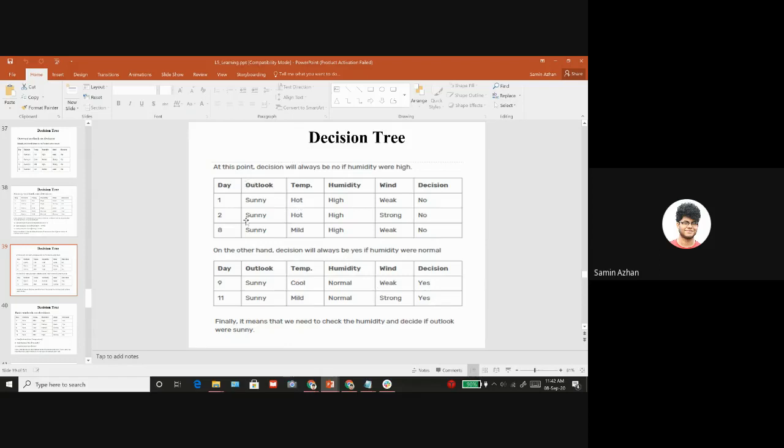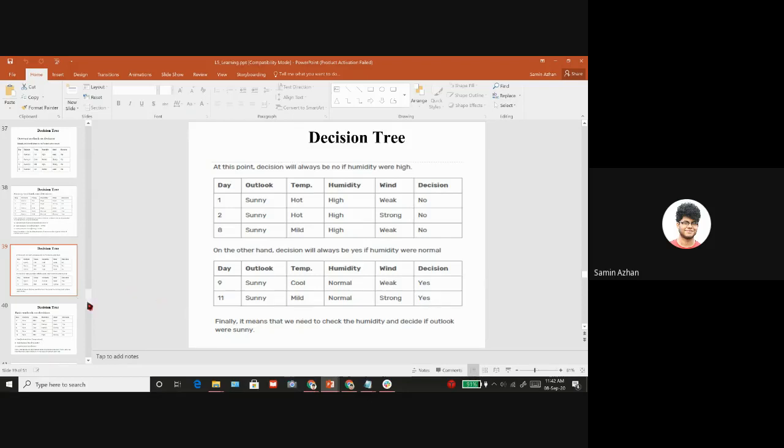And again, this is for outlook equals sunny. So when outlook is equal to sunny and humidity is high, the decision is most certainly no in all cases. And if outlook is equal to sunny and the humidity is normal, then the decision is yes in all cases.